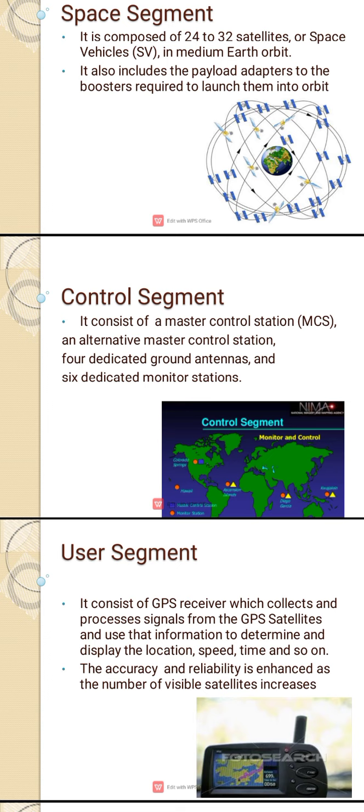What monitor stations actually do is that they track GPS satellites as they pass overhead. Master control station provides command and control of the GPS constellation, and ground antennas send commands, navigation data uploads and processor program loads to satellites.